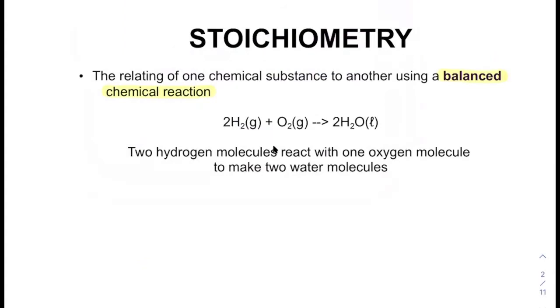If we have a chemical reaction between hydrogen gas and oxygen gas to make water, liquid, so in the balanced chemical equation, you see that we have 2 hydrogen molecules reacting with 1 oxygen molecule, giving us 2 water molecules. We're going to use those coefficients in the balanced chemical reaction as conversion factors, and let me show you what that means.